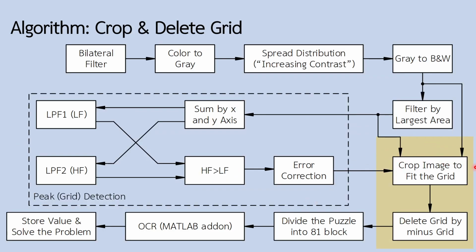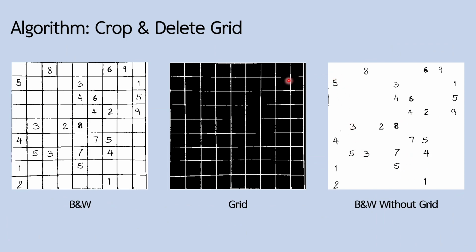Next I crop the image to fit the grid, then extract each number from the grid, and also delete the grid lines, because when we divide the grid into smaller squares, some of the lines will mess with the optical character recognition, OCR, and it's very annoying.